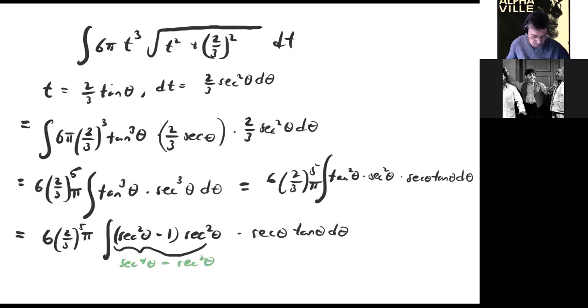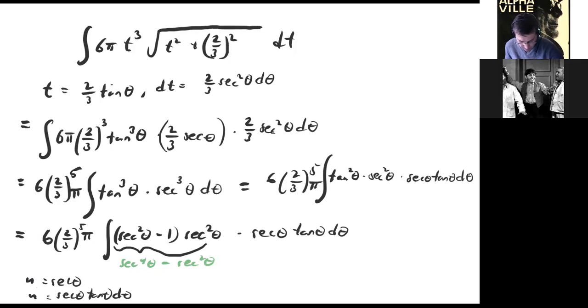Okay, so we're going to let x equal secant theta, and then dx is secant theta tangent theta d theta, or maybe we should use u here, not x, because we've already used x in some sense in the problem.